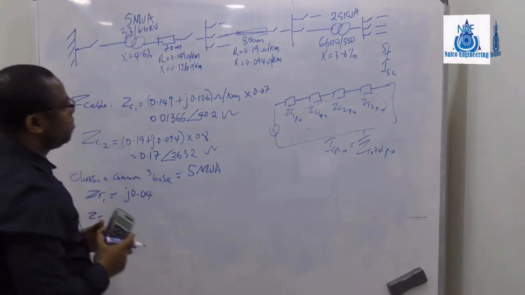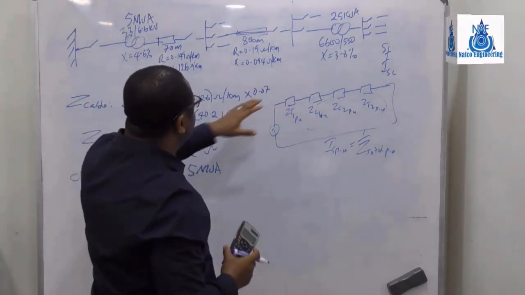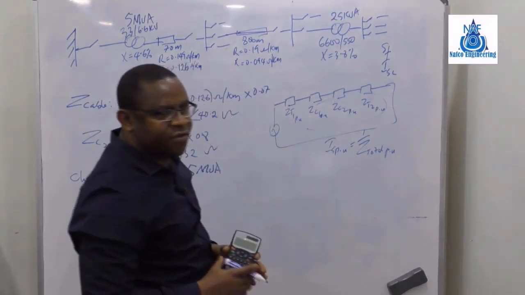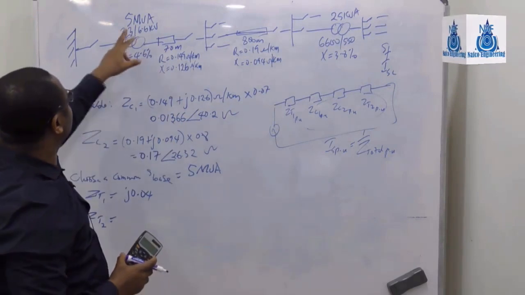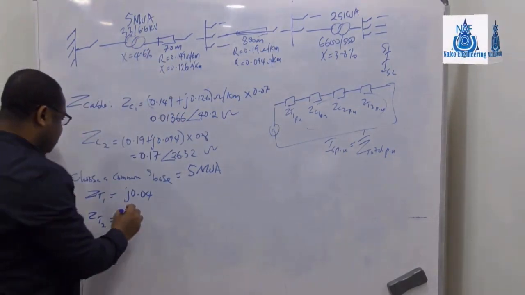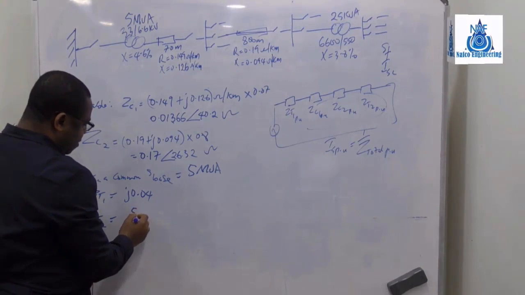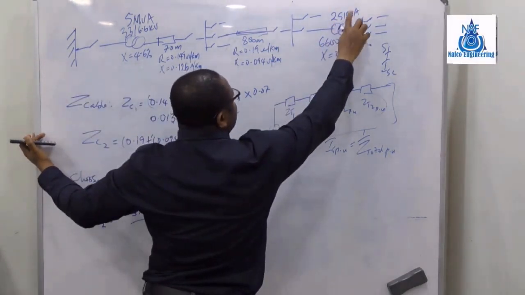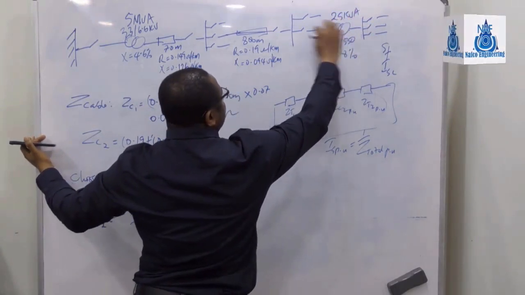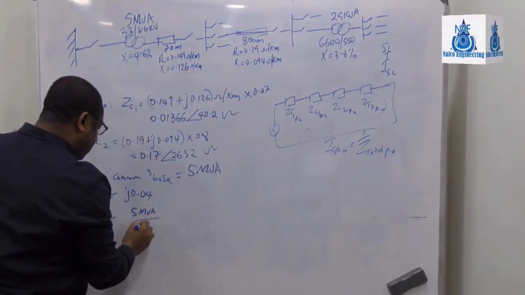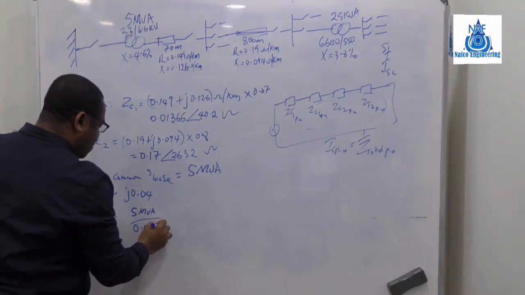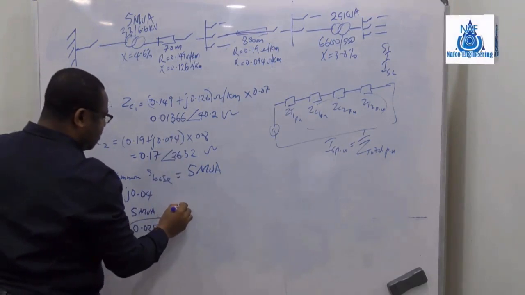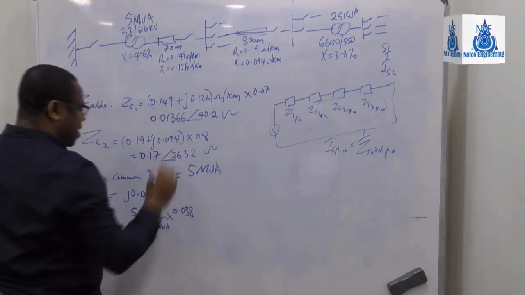Now, the next is Z of transformer 2. Let's see what Z of transformer 2 will be. This 0.038 is based on 25 kVA. What about if you update it to 5 MVA? So it will be 5 MVA over 25 kVA, which is 0.025 MVA, times the impedance there, 0.038.